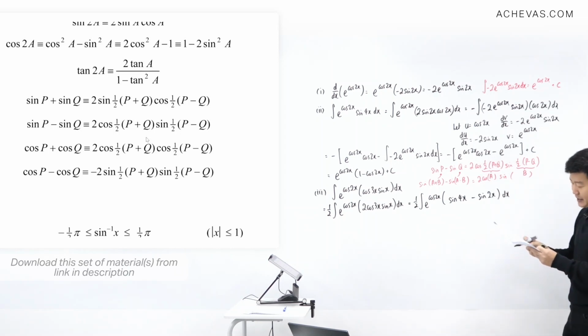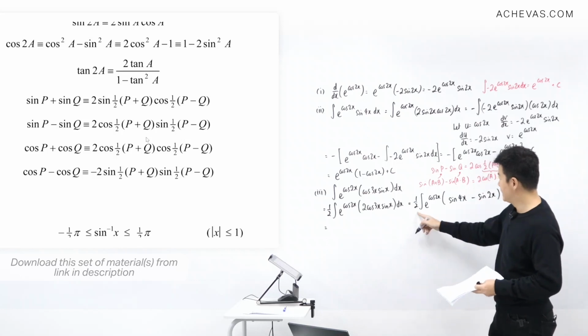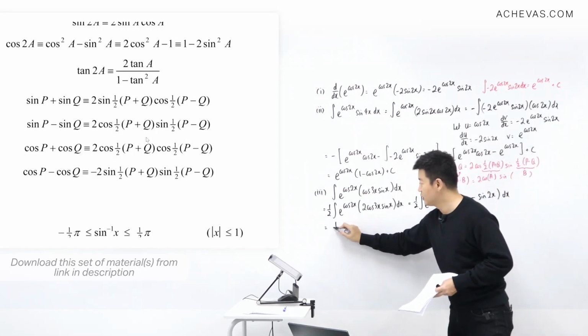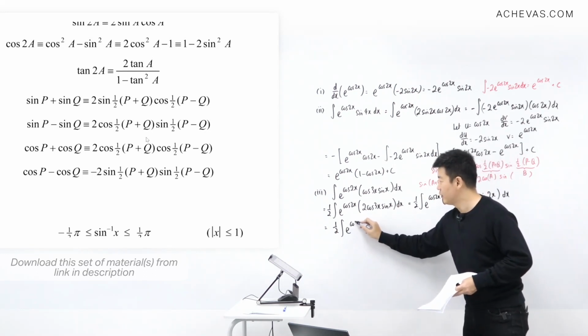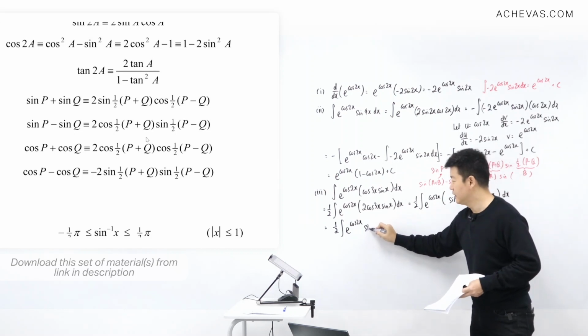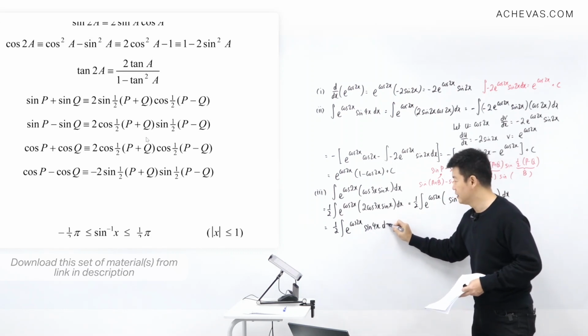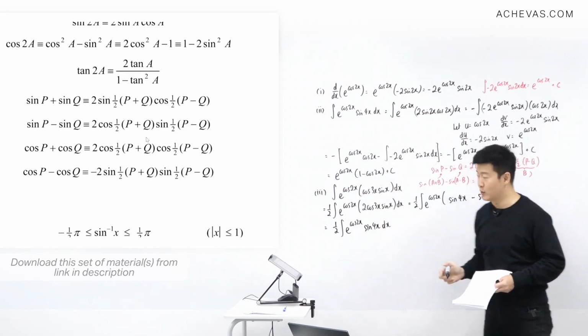Let's try to expand this further. This is going to be equal to this times this, so it is going to be half the integration of e to the power of cosine 2x times sine 4x. And we know the result for this, it is going to be this. It is just the integration of this.